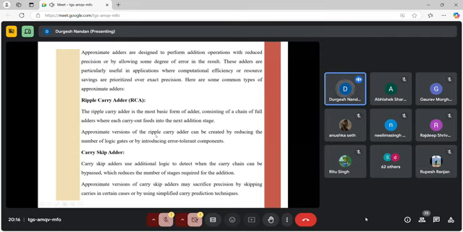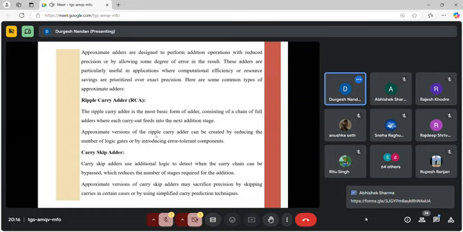Till now, for adding, the ripple carry adder has been the best adder. The approximate version of the ripple carry adder can be created by reducing the number of logic gates or by introducing error-tolerant components.